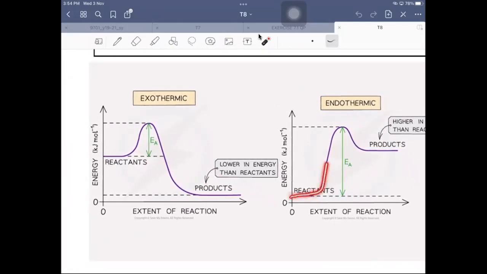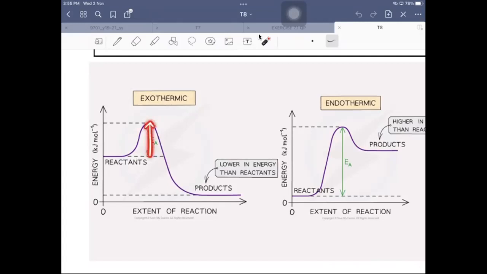So as you go up, this slope is your minimum energy. If you can overcome this slope, just like how you can overcome the challenge in your life, then you can turn into products. Then you can do anything. So the activation energy for your exothermic and endothermic is usually the first hill or the first slope. So that's why it's labeled here.